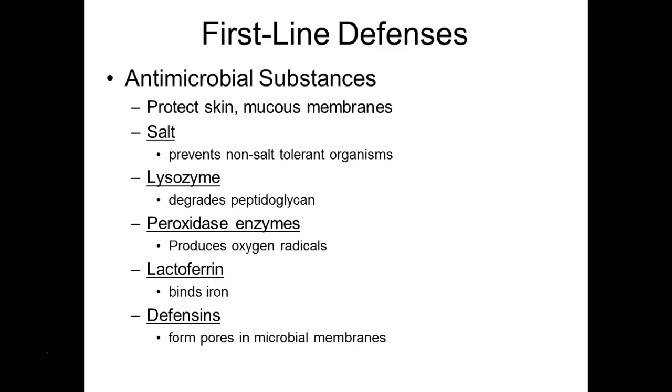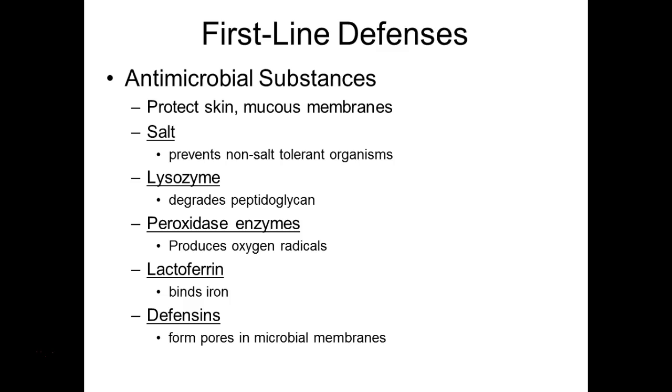The bad news is some microorganisms, and including ourselves, protect themselves from toxic forms of oxygen. We have enzymes to help protect us, like catalase, that can break down hydrogen peroxide. So this isn't always effective, because they may have enzymes that counteract these enzymes. But we can purposely make, especially inside of our lysosomes and under certain circumstances outside of our cells, toxic forms of oxygen to try and destroy microbes.